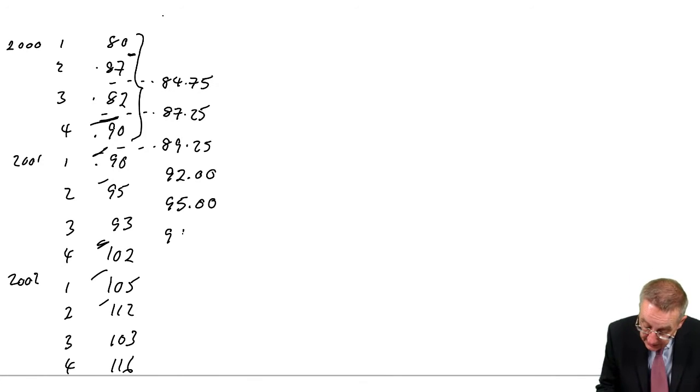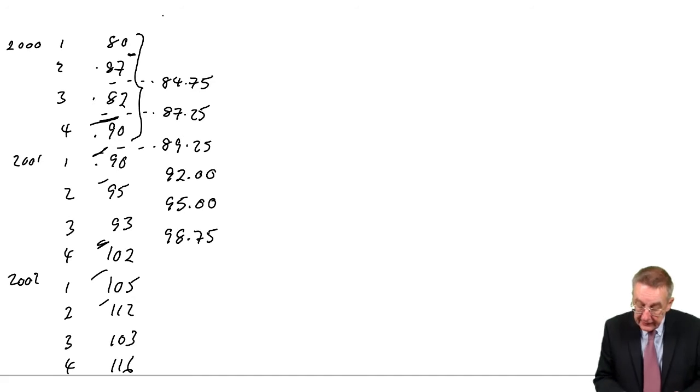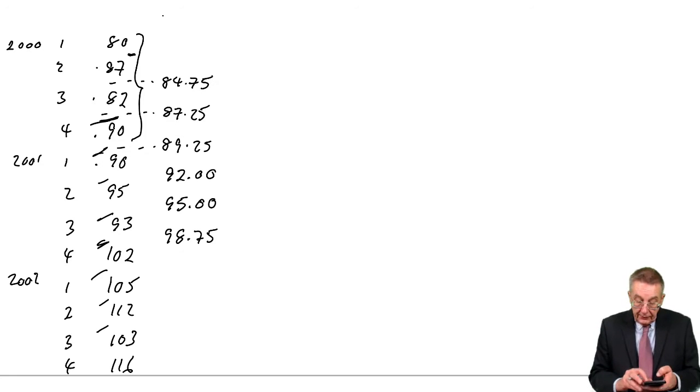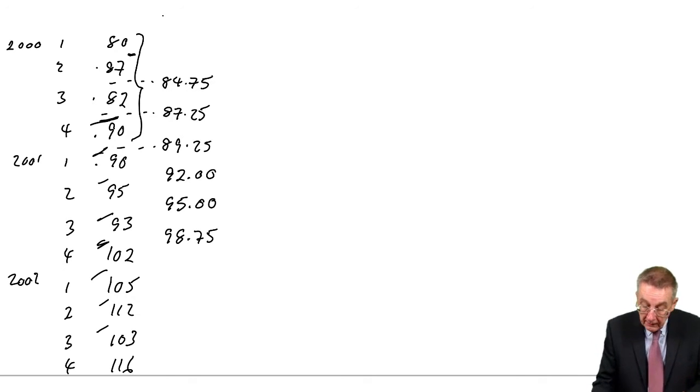I get 98.75. Nearly there. Next one is here to here. 93 plus 102 plus 105 plus 112 divided by 4 is 103.